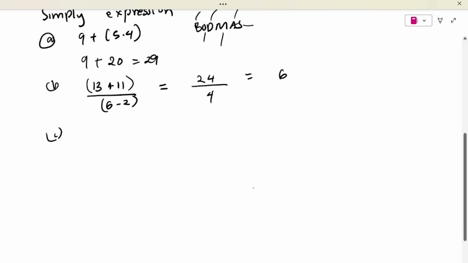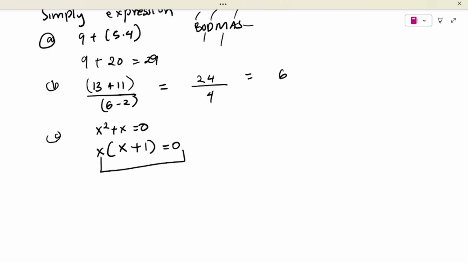So what if we have a variable, for example, x squared plus x is equal to 0. To simplify this, you're going to move x outside. So it's going to be x times x plus 1 is equal to 0. Here it means that there's x and there's x plus 1.